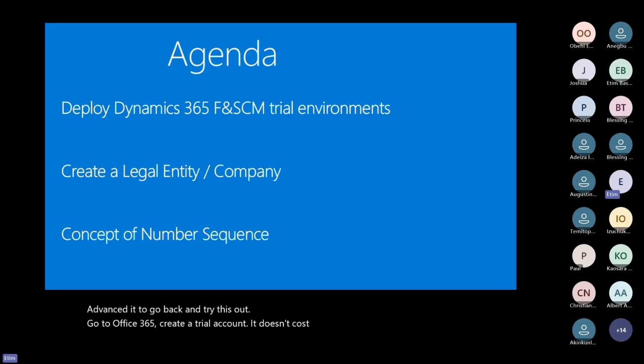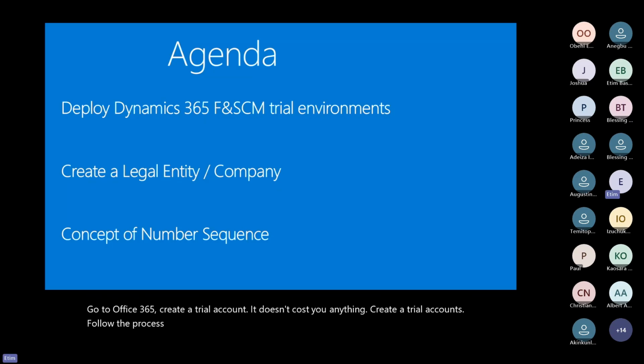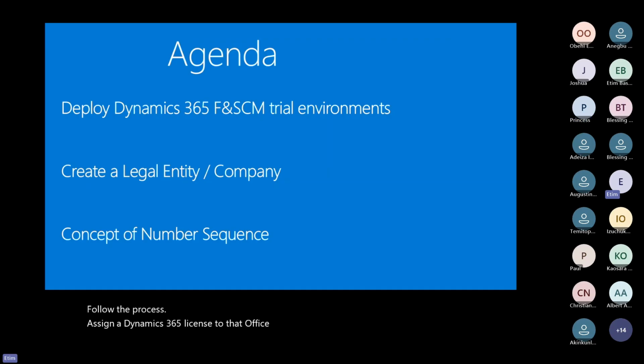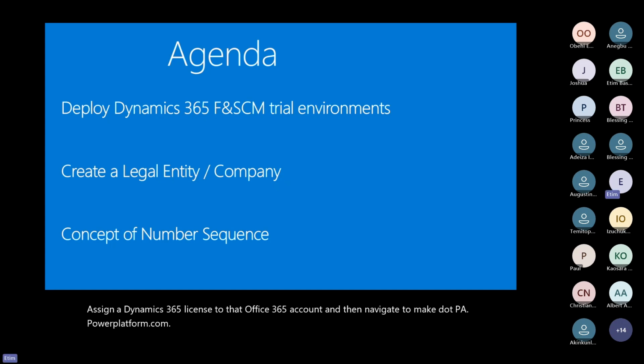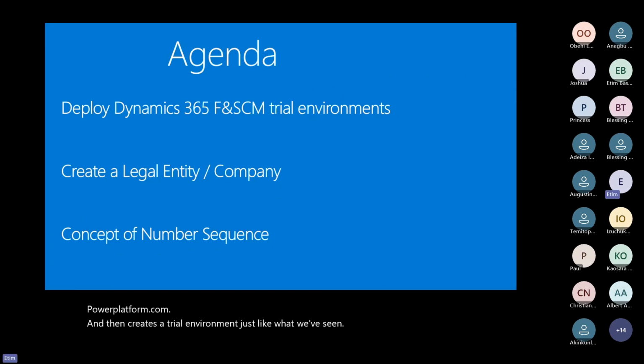Create a trial account, follow the process, assign a Dynamics 365 license to that Office 365 account, and then navigate to make.powerplatform.com, and then create a trial environment just like what we've seen. That environment will help you have more hands-on in our subsequent sessions.